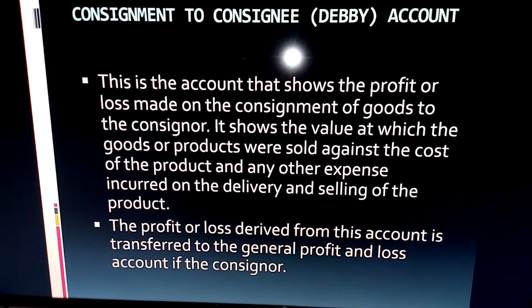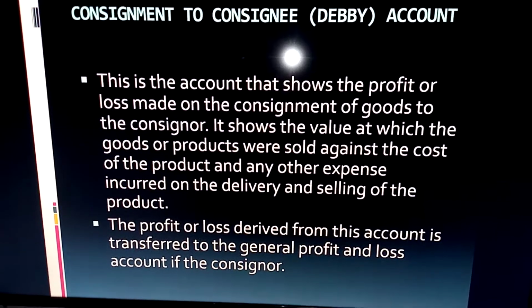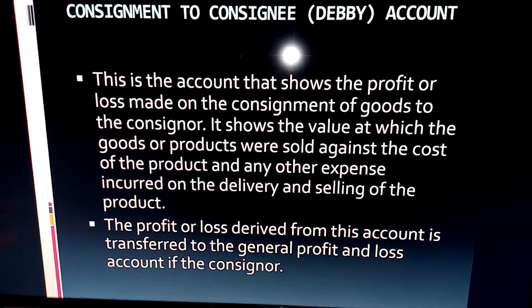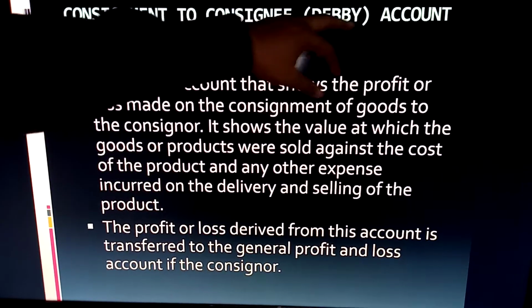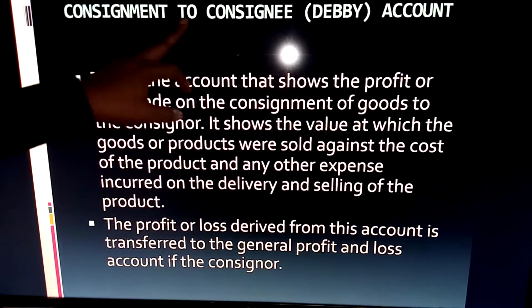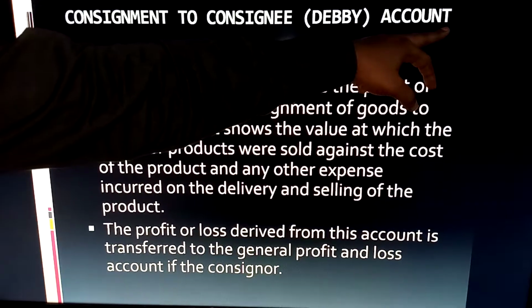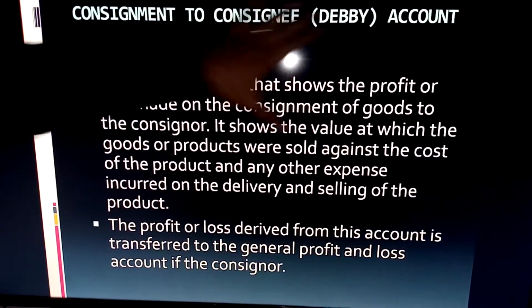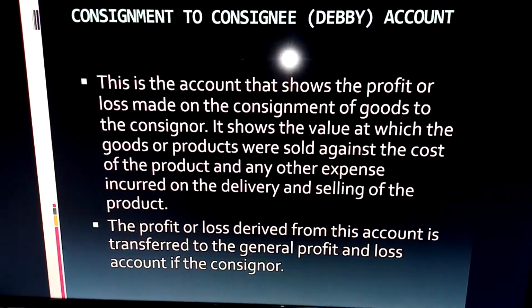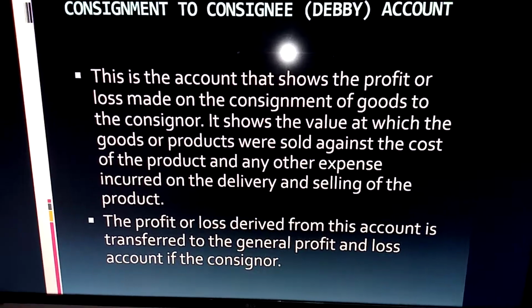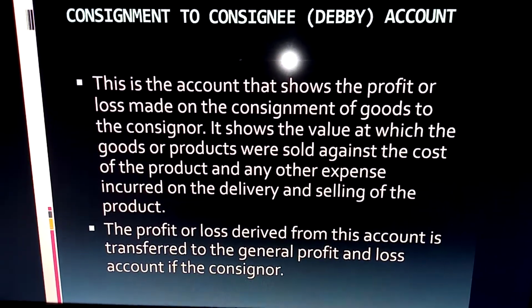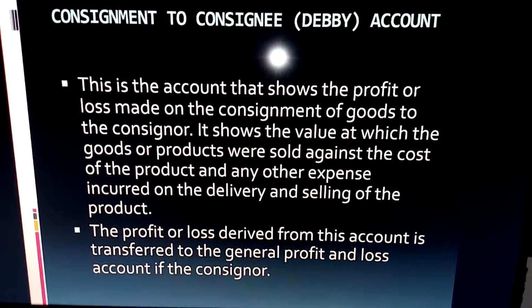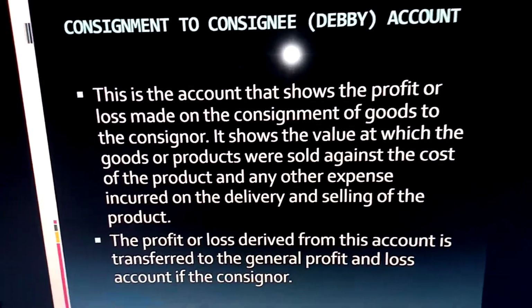Now, another account is what we call the consignment to the consignee account. Here we are assuming that the consignee's name is Debbie, so we can just say consignment to Debbie's account. Whatever name the consignee has is what we put here. The idea is that we want to derive the profit on the goods that have been sent to the agent.